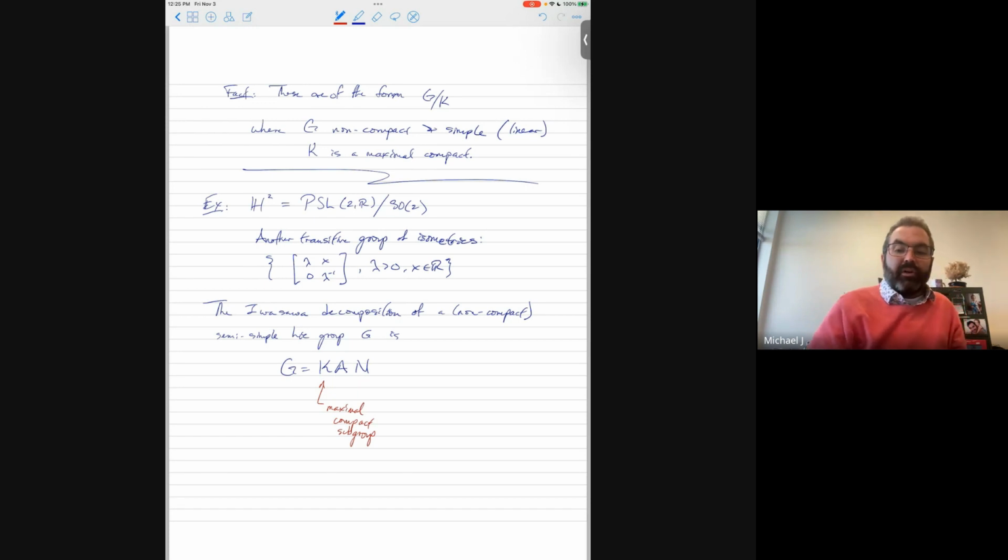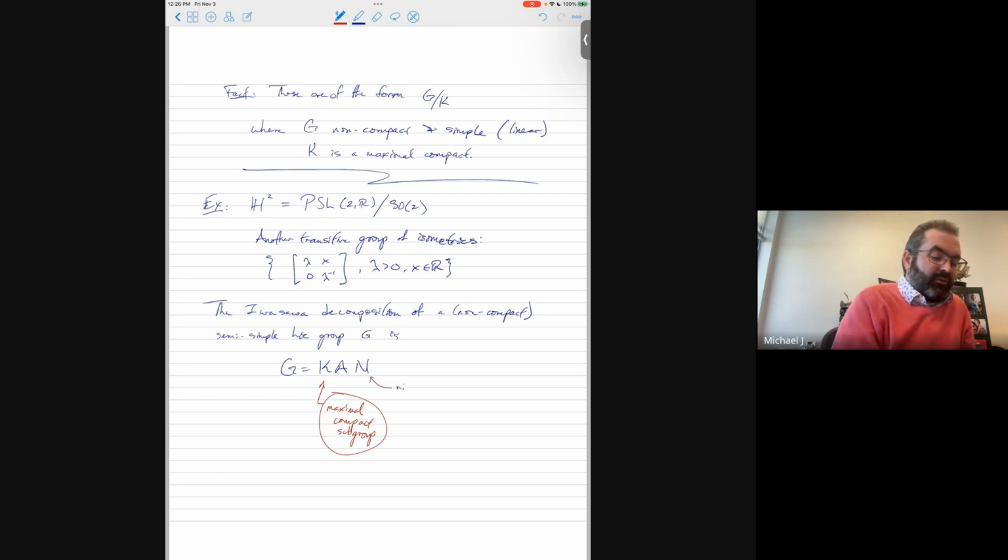And yes, I know, so I'm being slightly dishonest. If the center of G is, in some cases, K might actually be non-compact, but I'll just stick with the lie because it's mostly true. So K is a maximal compact.